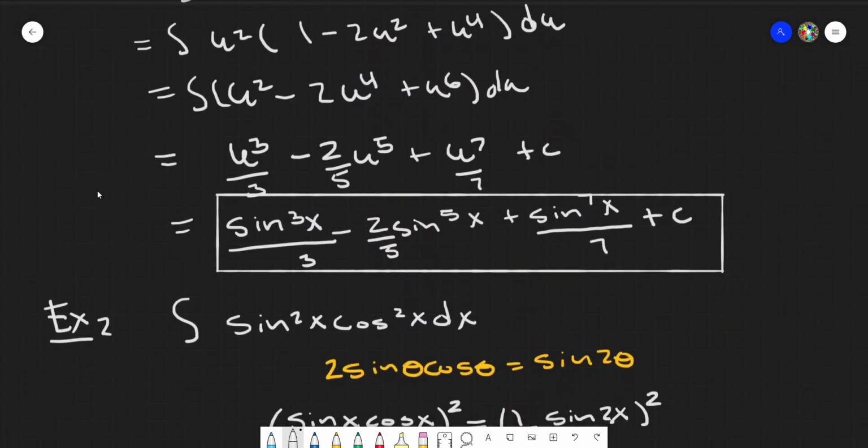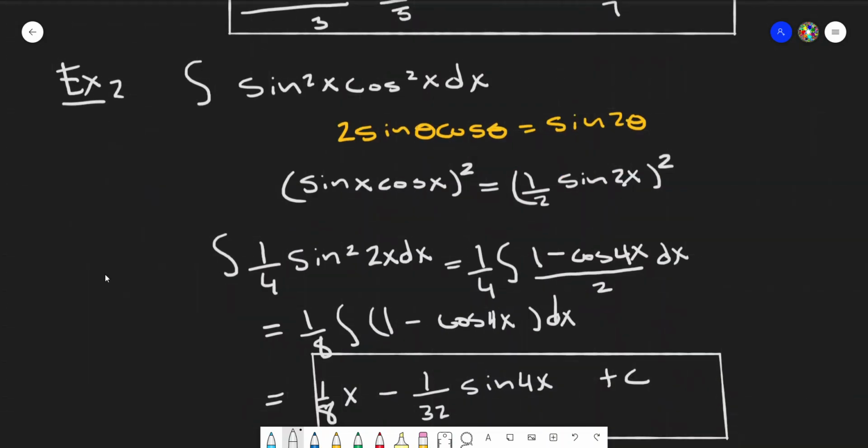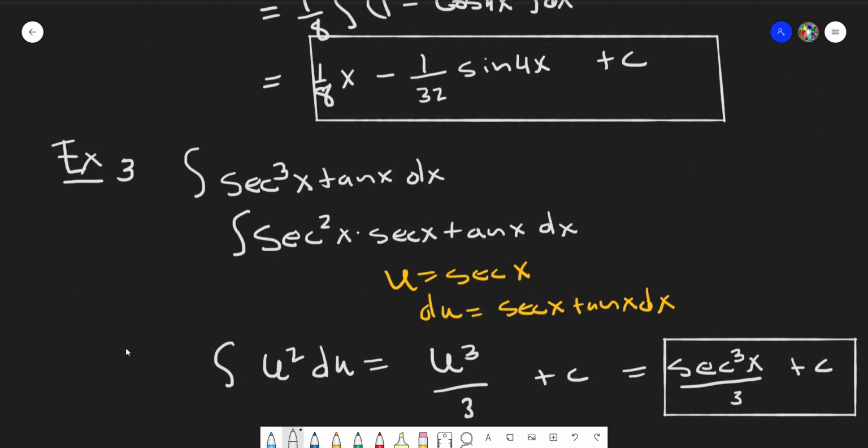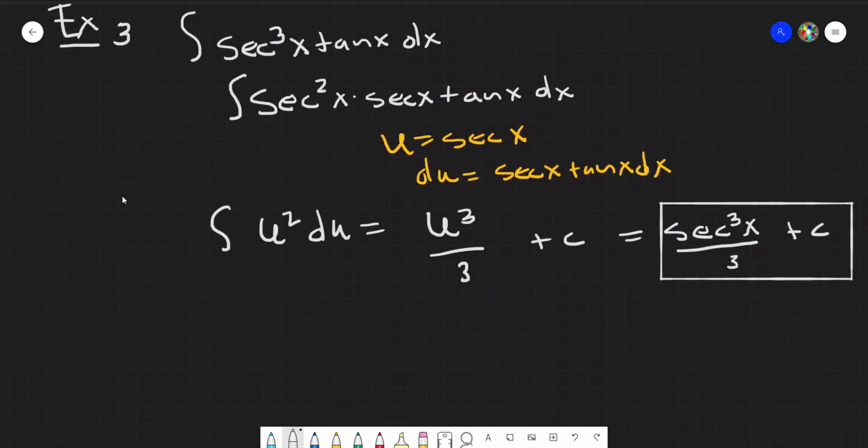That's one pattern you can use in either case for solving trigonometric integrals: you peel out one of the functions so that it's now integrable.